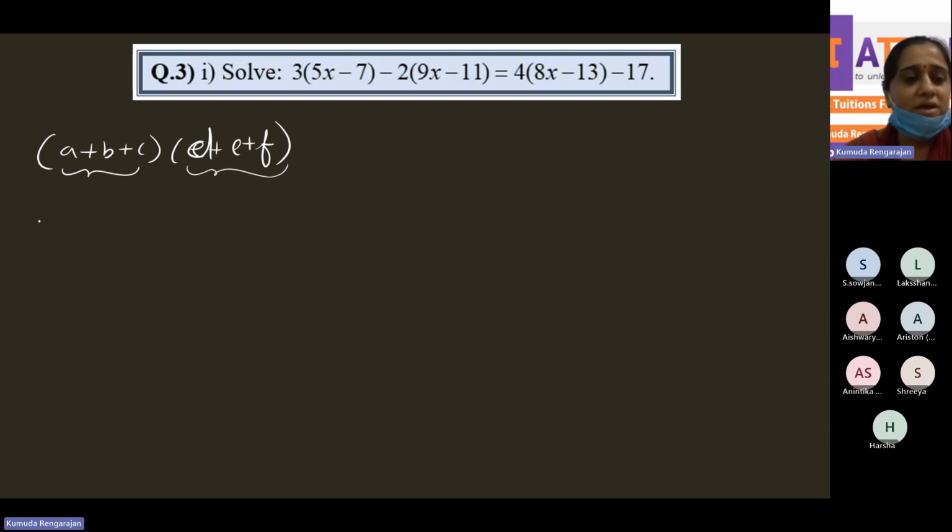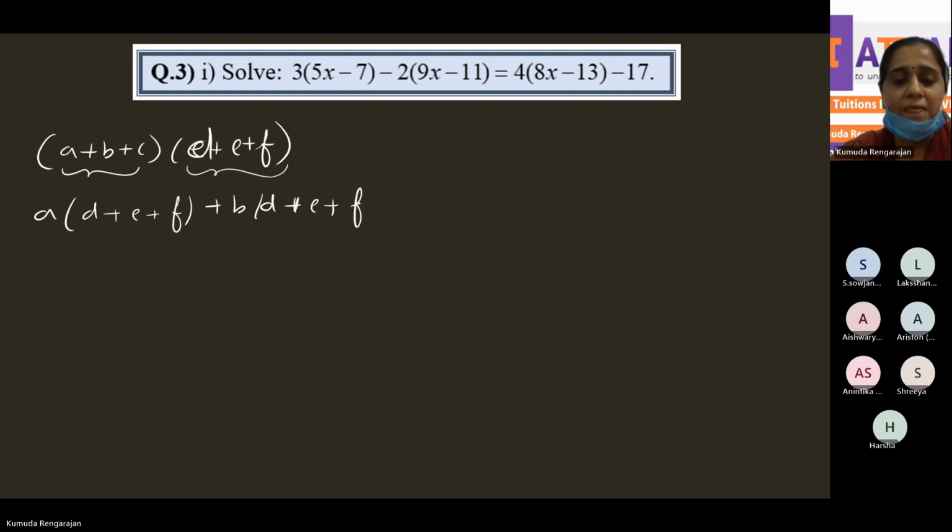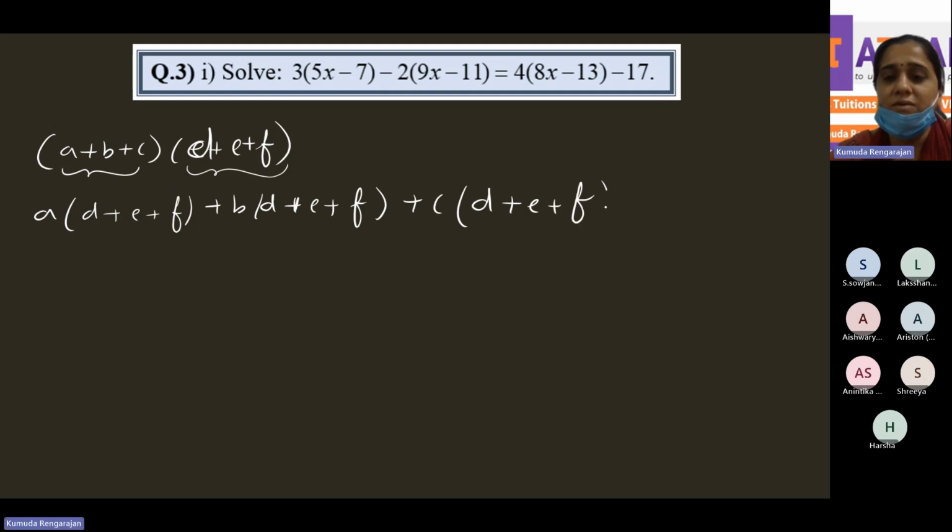How will you multiply? The first term with the second bracket, the second term with the second bracket, the third term with the second bracket, isn't it? This is how we multiply: we multiply the first term A with the second bracket, the second term B with the second bracket, the third term C with the second bracket.